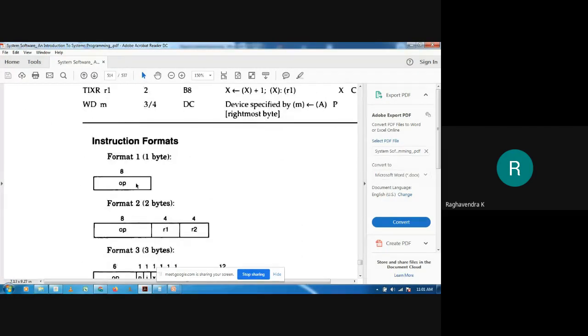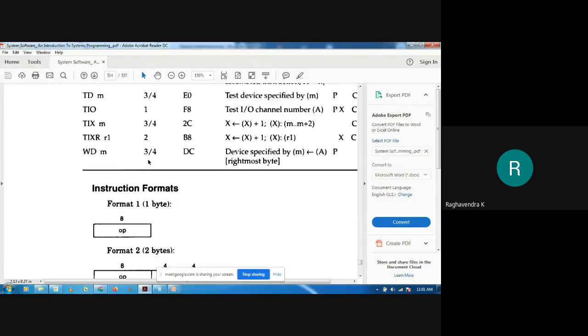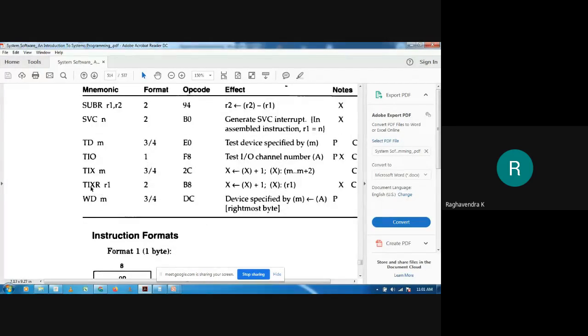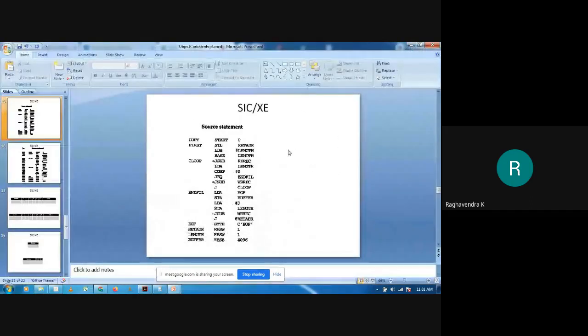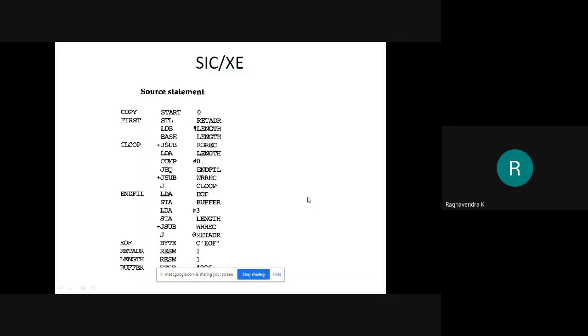So that is format 1. Now let us check what format 2 is. For example, you can observe here TIXR R1. I mentioned that whenever you have a register value in your instruction, it is a format 2. Otherwise it can be a format 3 or a format 4. Of course, now we know how to differentiate between them: format 3 does not have a plus sign, format 4 will have a plus sign.